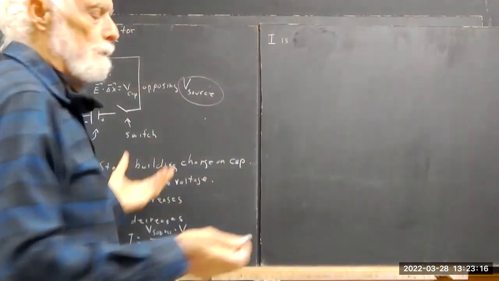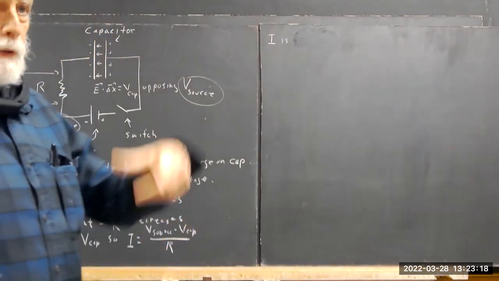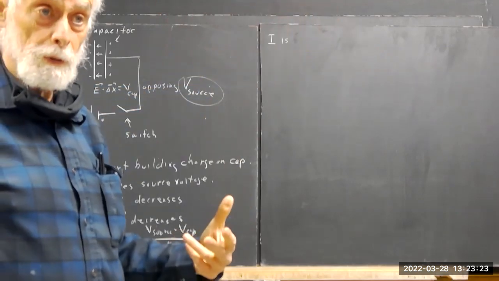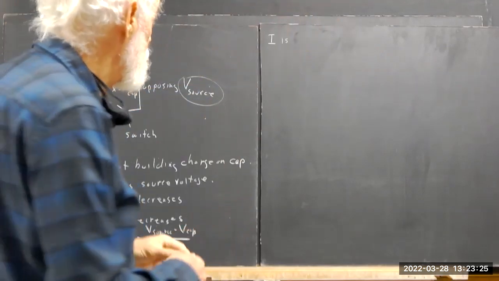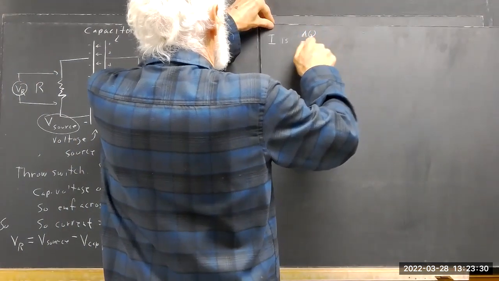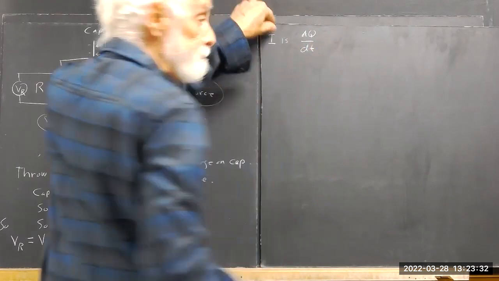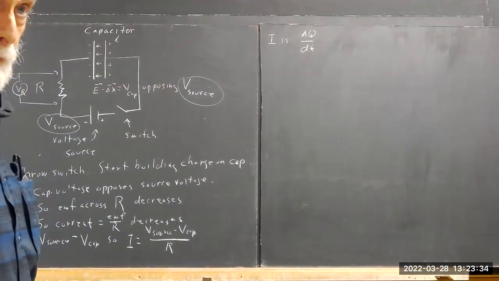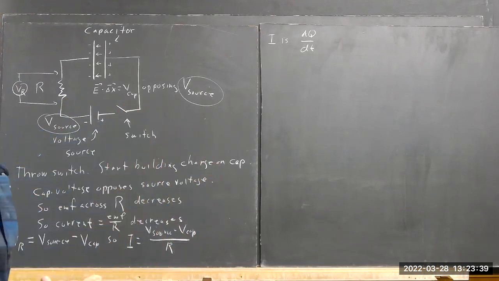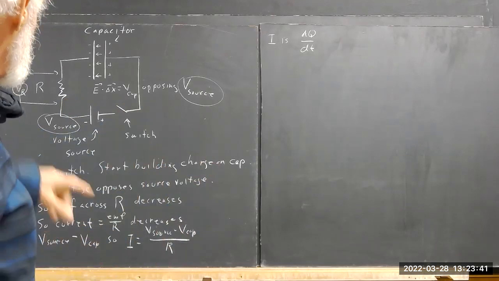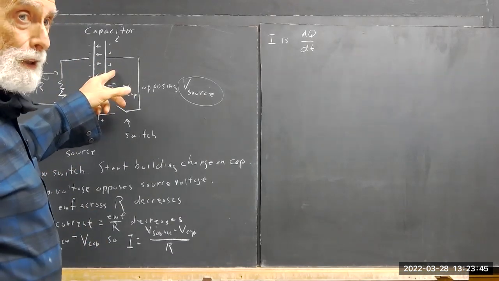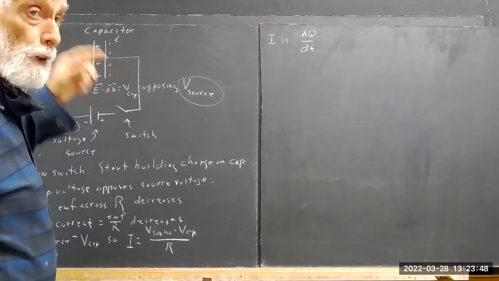Your average current is equal to the average rate of change of the charge with respect to time, right? But your instantaneous current is just the derivative, dq/dt, the rate at which charge is passing any point in the circuit. Any charge that passes any point in the circuit ends up being deposited on the capacitor.